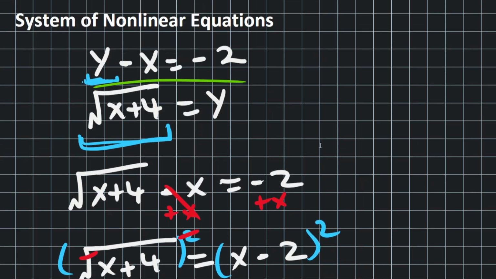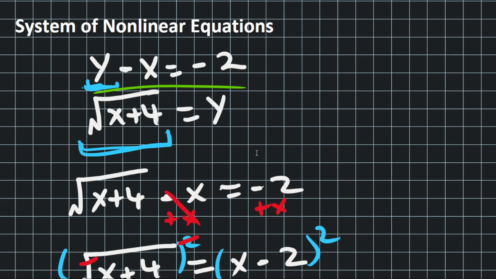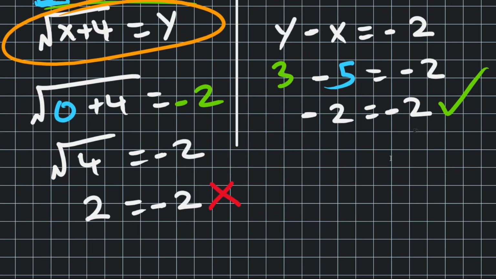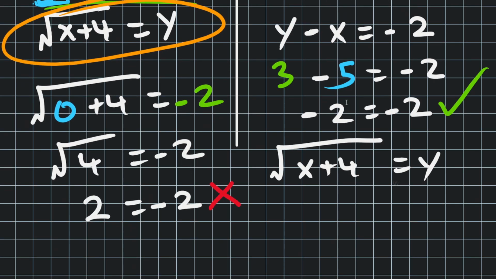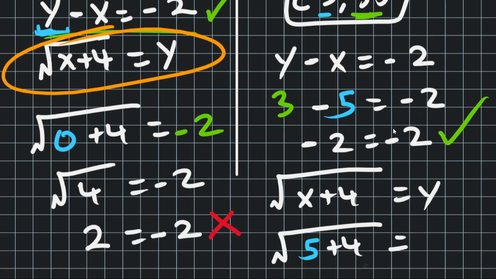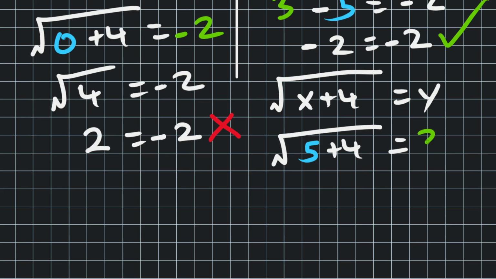But now let's test the next equation. Radical x plus 4 equals y. What did we say x was? We said x was 5. So we will write radical 5 plus 4 equals, and we said y was 3. So let's evaluate this. What's 5 plus 4? That's 9. So radical 9 equals 3.